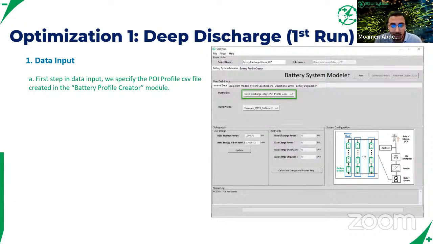Using this profile and the enclosure models, and of course the battery sizes, will give some insights into the auxiliary load consumption based on the selected enclosure. So just a quick update that will be included in our next version, for more accurate results in the analysis.